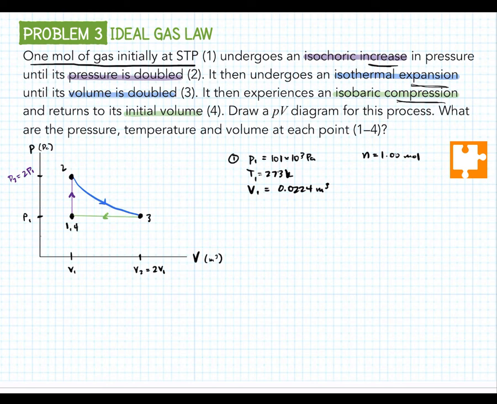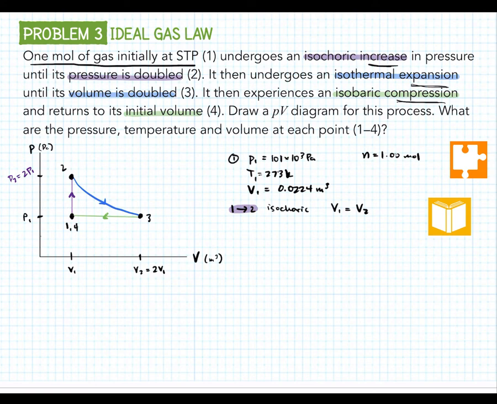So remember, as we did in the last problem, if you have PV equals nRT, you can always make one side a constant and then use ratios to figure out the variables that you're missing, okay? And because you're using ratios to figure out the variables that you're missing, when we're going from 1 to 2, which is this purple process, that means we have an isochoric process, meaning V1 is equal to V2.